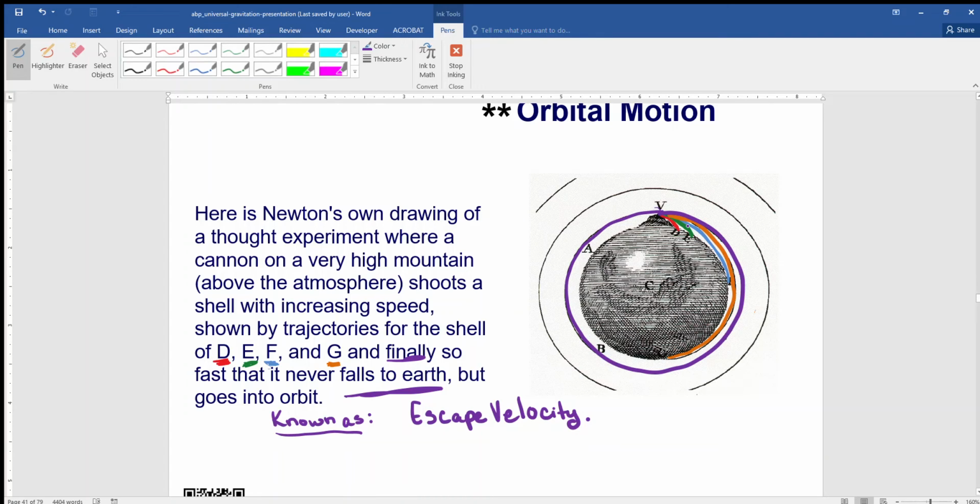So he keeps getting further and further in his path. What he proposes is that he is able to fire a cannonball with enough velocity that it does not fall back to Earth. We know that today as escape velocity.